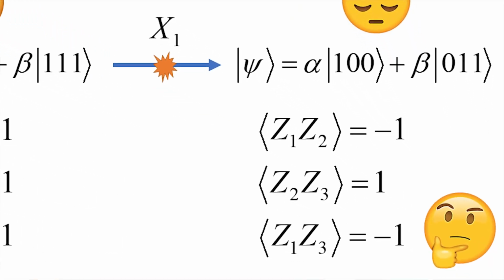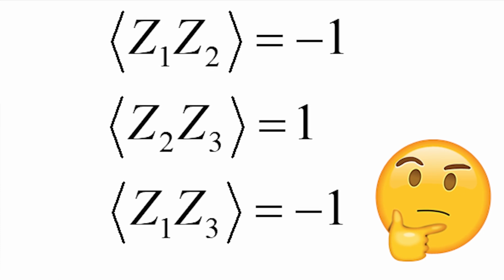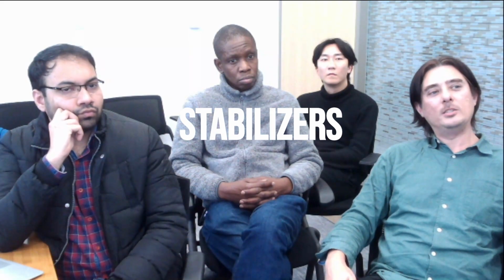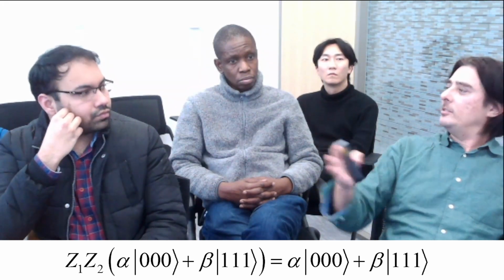Okay, so this is the kind of thing that we want to do. Now, the important thing here is that there are these operators that we just saw a few moments ago, and these are called, in this context, stabilizers, right? They're called stabilizers because the key property that these operators have is that when you apply them to the state, it doesn't change the state, right?